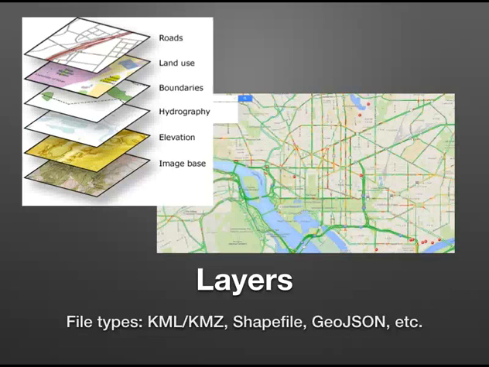You'll also have a set of files called the shapefile, and that's from the company Esri or ArcGIS. We also have a JSON format for layers and geographic information, and that's the GeoJSON. Those are probably the top three most popular file types you'll run into for GIS information.